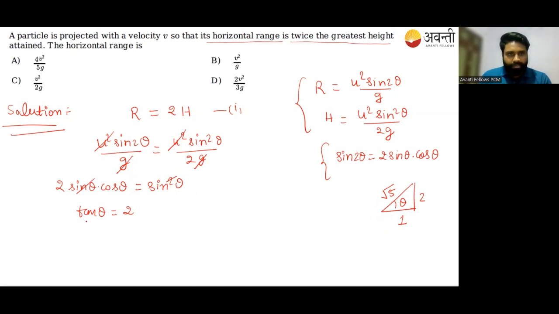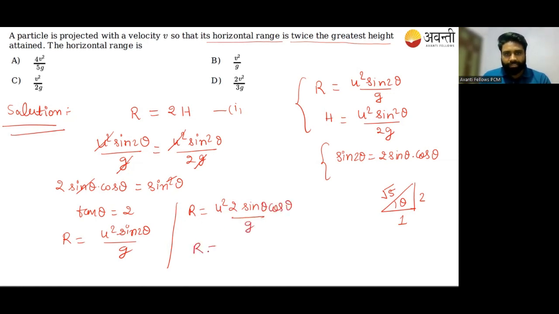Now the range has been asked. So the range R is equal to u square sine 2 theta by g. Expand the sine 2 theta: R is equal to u square 2 sine theta cos theta by g. Put the value of sine theta and cos theta. So it is 2u square. What is the value of sine theta from this triangle? It is perpendicular over hypotenuse.